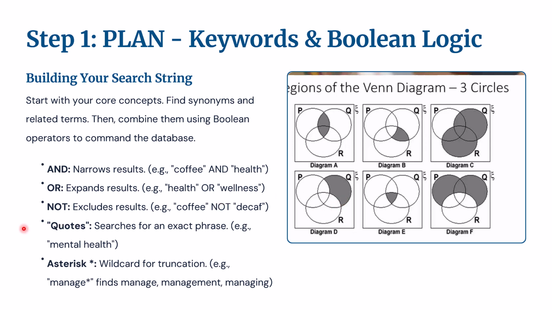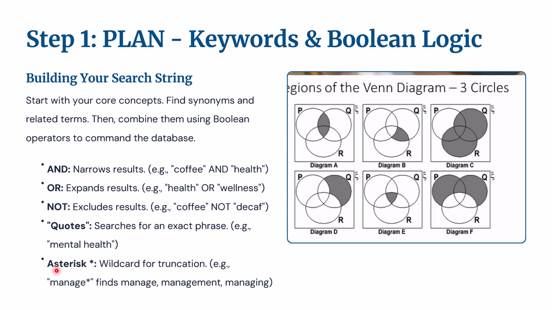Now, in searching and planning, we also use quotes. Quotes search for an exact phrase. For example, if you put mental health inside quotes, it will search for these keywords exactly.